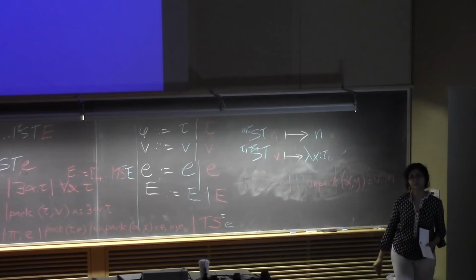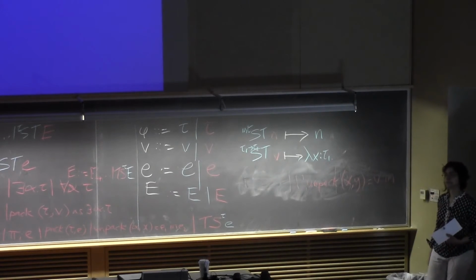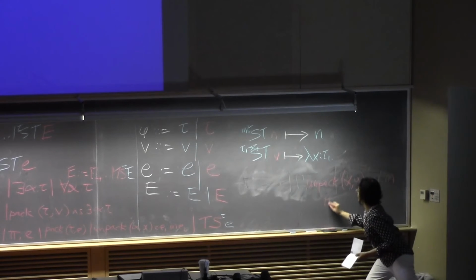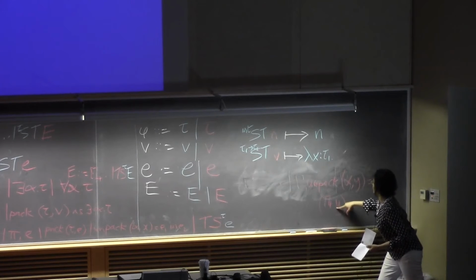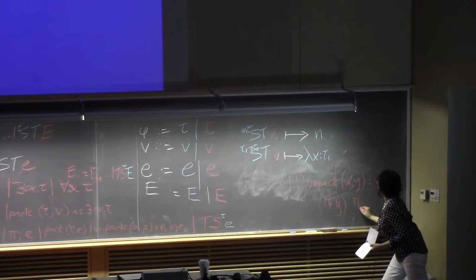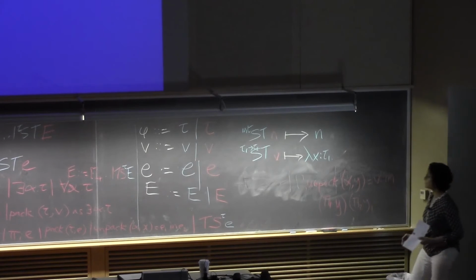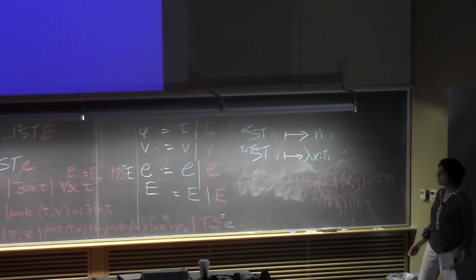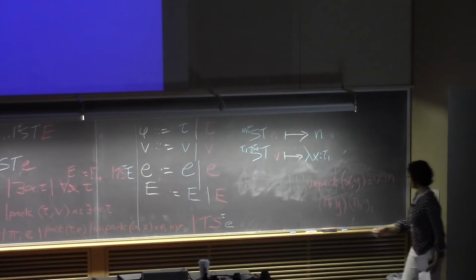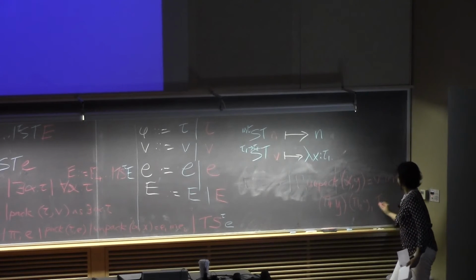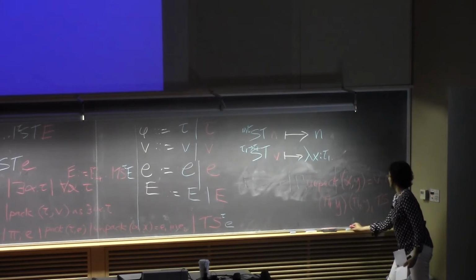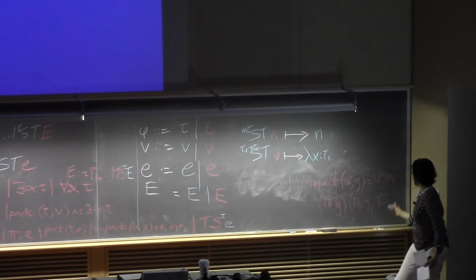What do I want to do with it? Take the first projection of y, apply it to the second projection of y together with the input to the function. What's the input to the function? TS. I can do a TS to this x that I have sitting out here.